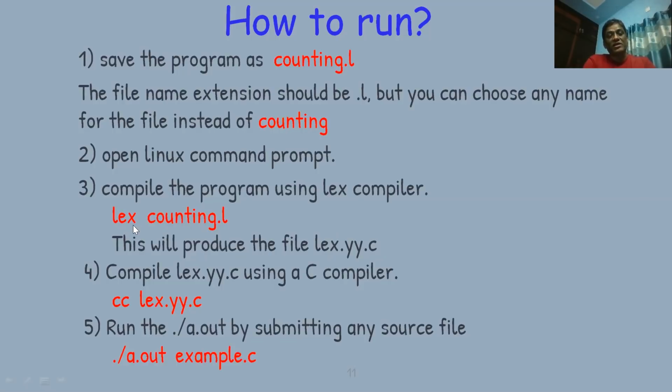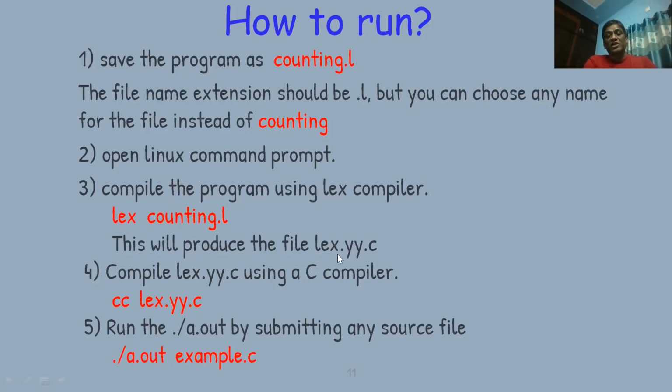Lex invokes the Lex compiler, takes this Lexer program counting.l and produces a C program named lex.yy.c. If you write another program, let us say example1.l, and submit it to Lex, it is again going to produce lex.yy.c. So whenever you invoke Lex with any file, it always produces the lex.yy.c file.